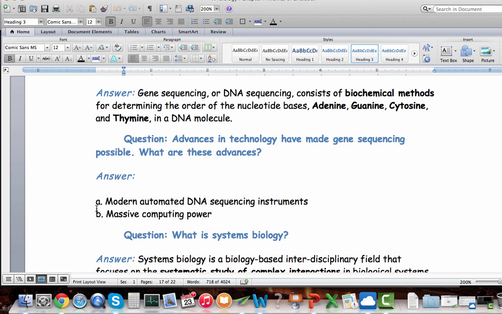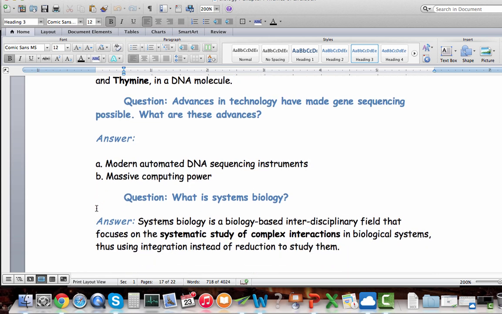What are these advances? Answer: the first advance is modern automated DNA sequencing instruments. The second advance is massive computational power through the evolution of computers.